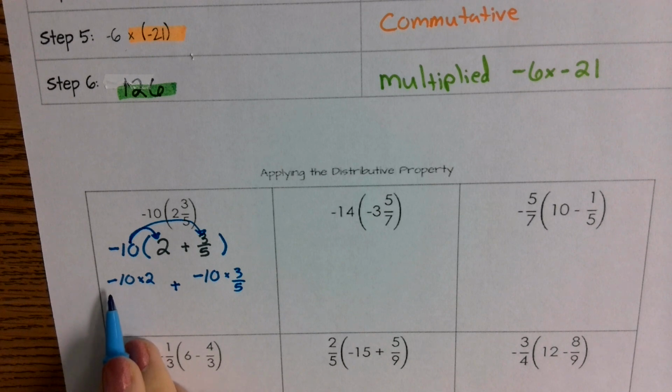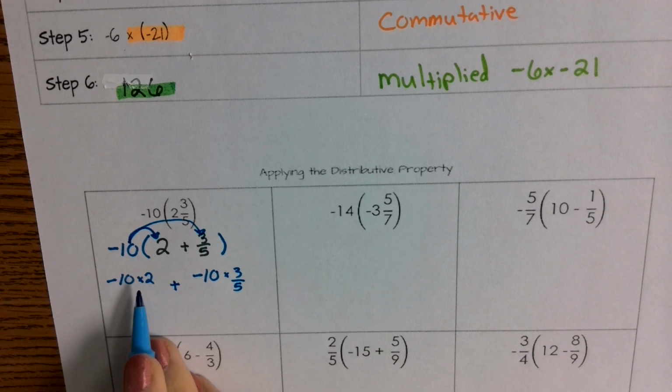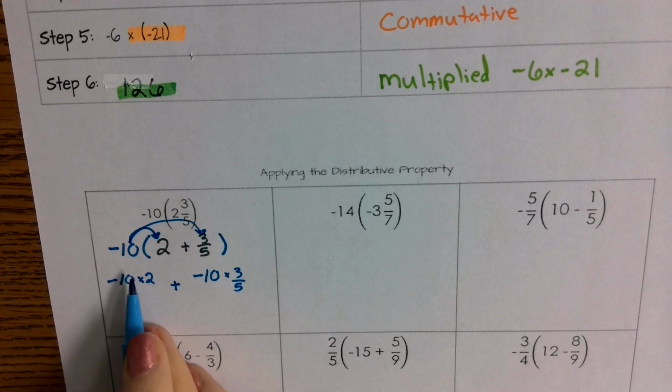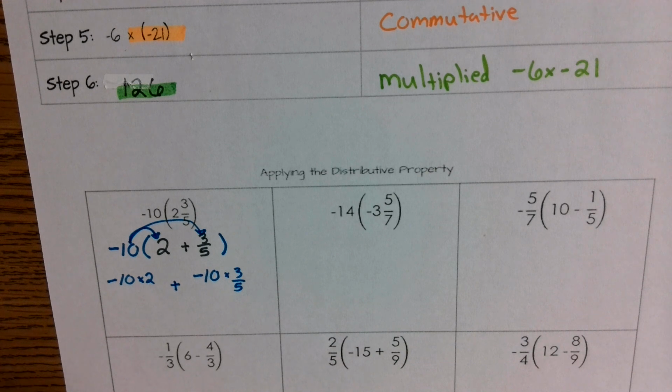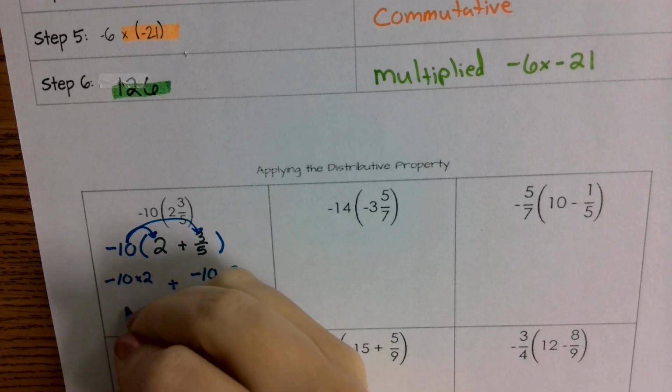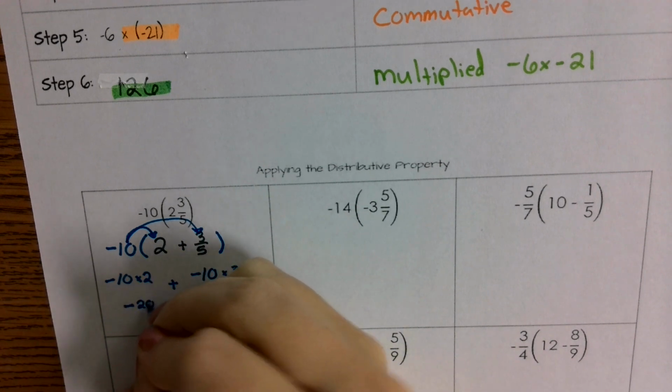Now, negative 10 times 2, those are whole numbers. We have a negative times a positive. A negative times a positive is a negative. And what is 10 times 2? Go ahead. Negative 20. So we're going to get negative 20 here.